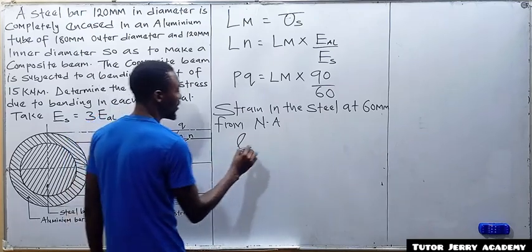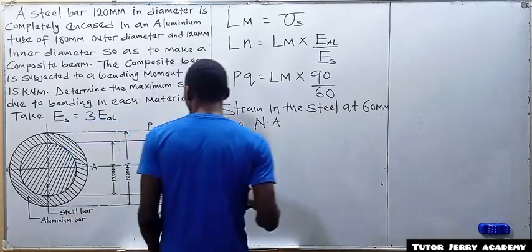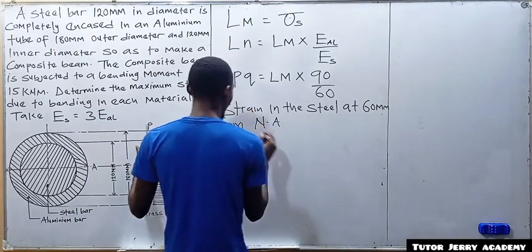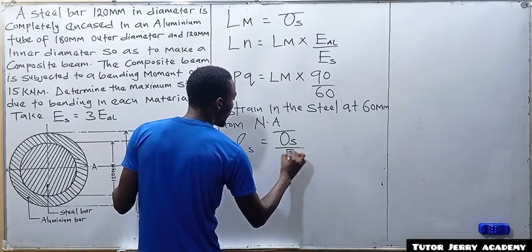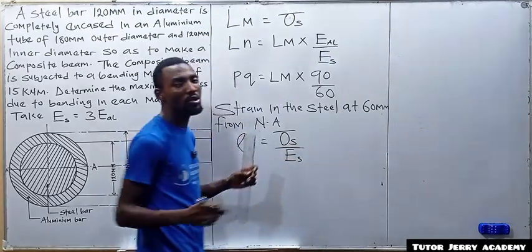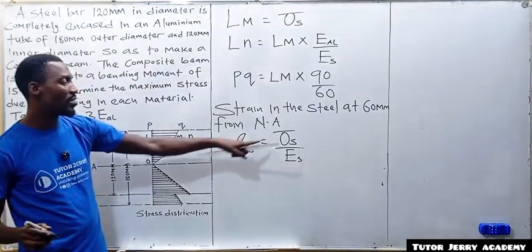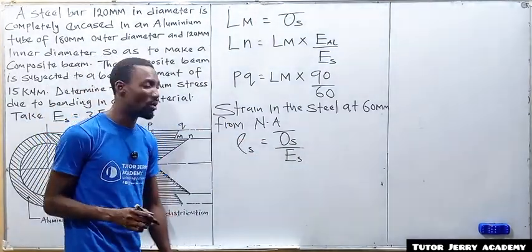So strain in the steel will be equal to the stress in the steel all over the modulus of the steel. Of course, from Hooke's law, we know that strain is stress over modulus, right?